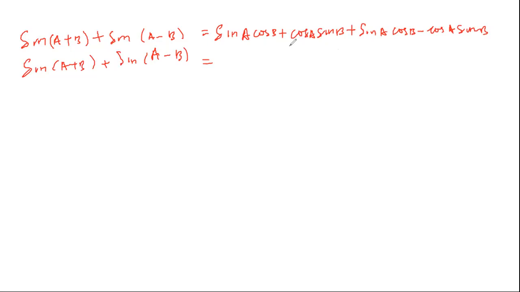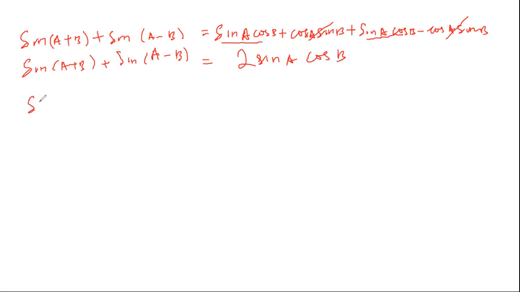The cos term, the cos A sine B and the cos A sine B are moving out. So this is positive, this is negative, so that gives us a 0. So we remain with sine A cos B plus sine A cos B, which gives us 2 sine A cos of B.